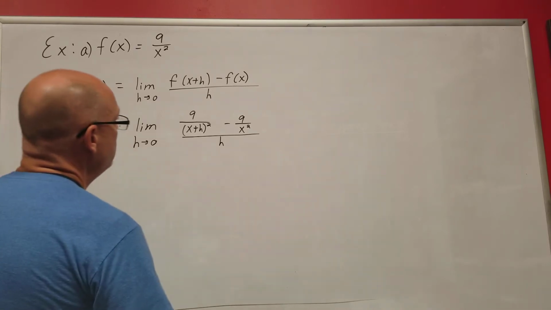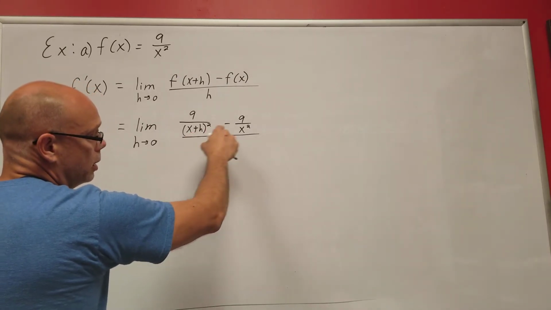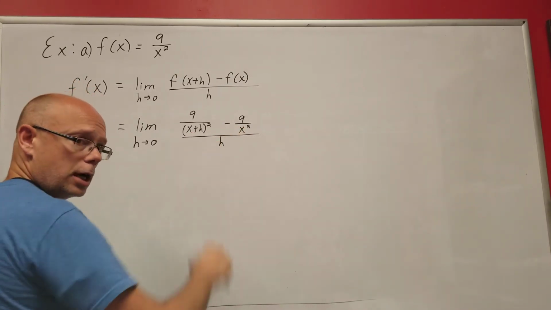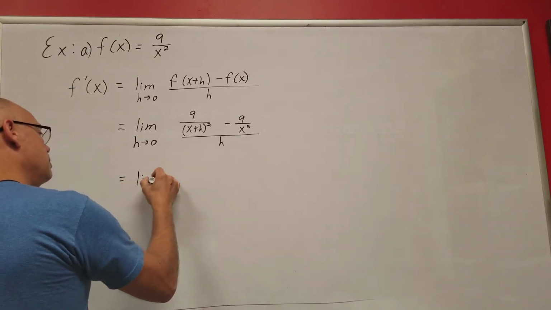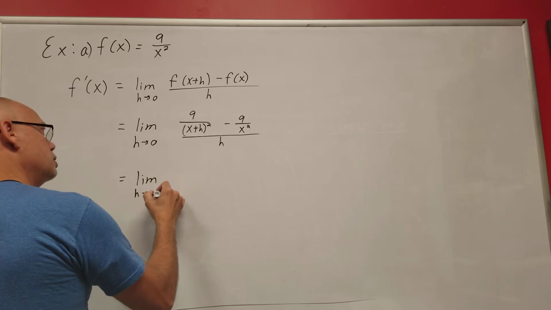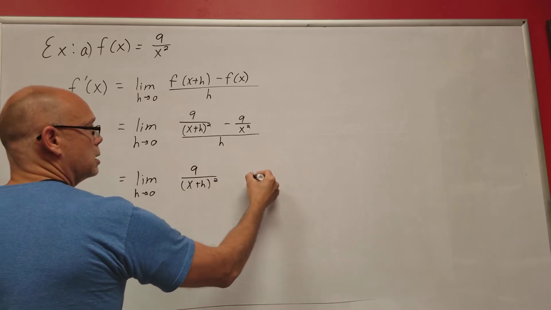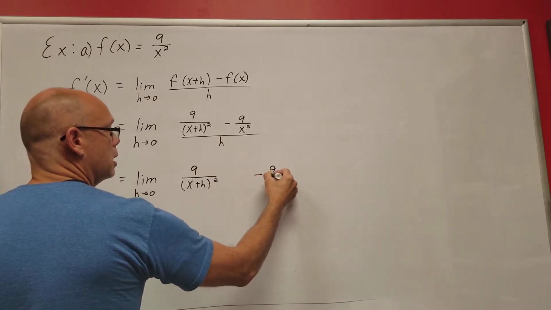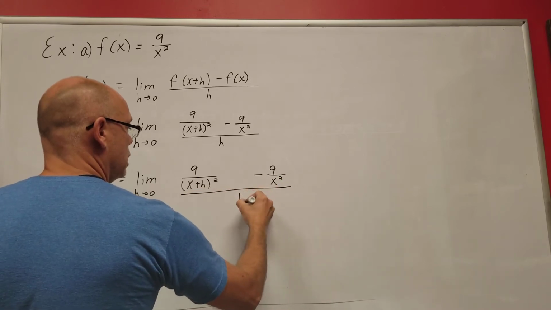All right, to evaluate this limit, I'm going to get a common denominator here and here so I can subtract these two fractions. So we're going to have the limit as h approaches 0 of 9 over x plus h squared, leave a little space, and then minus 9 over x squared all over h.